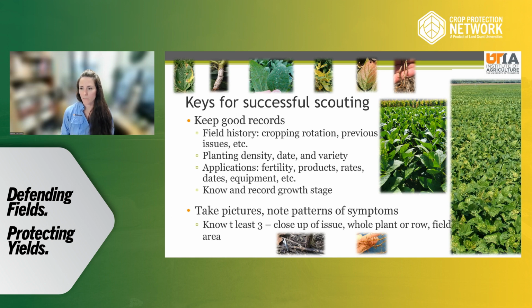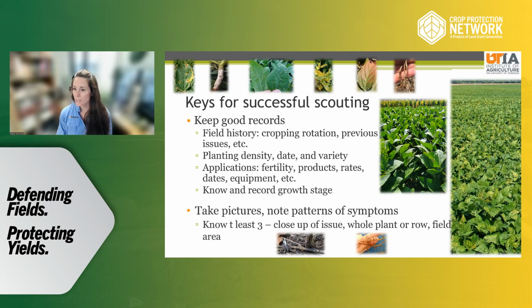In the picture off to the right, you see yellowing between the veins almost across the entire field. That's an indication that you might not be dealing with a disease, but you need to go back to the spray records. That image was taken of injury from a chemical burn.